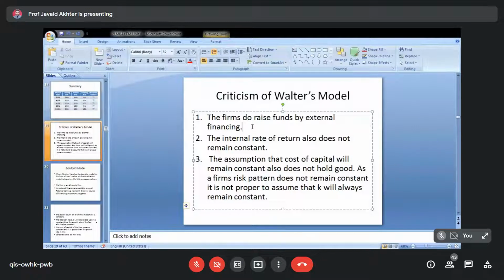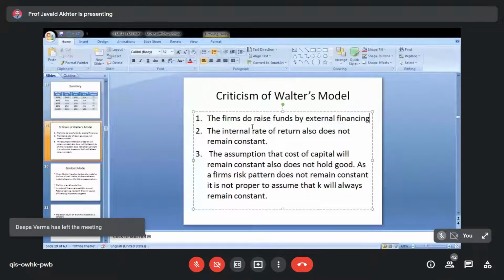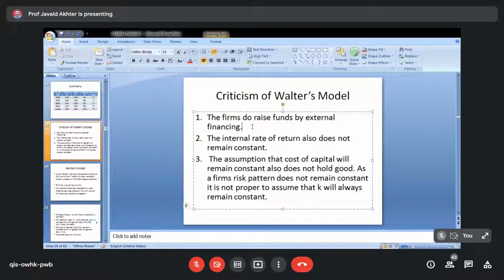There are several companies which usually finance their projects using internal sources only, but firms do raise funds through external financing. And when we say external financing, it includes debt also, in specific permutations and combinations. So this is one of the criticisms. Second, the internal rate of return also does not remain constant.